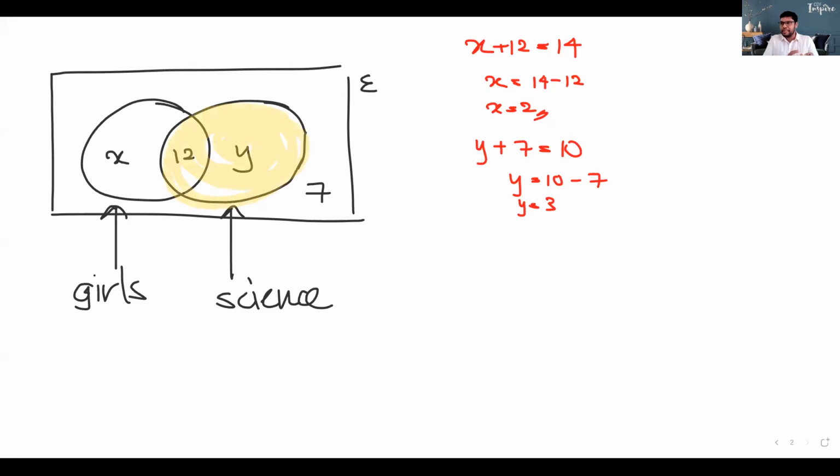So all of the mathematics children are outside this circle. There are 2 numbers outside this circle. This is outside the circle and this is also outside the circle. But we know that this is the number of girls who do mathematics. So therefore, this is the number of boys who do mathematics. So the answer is 7.